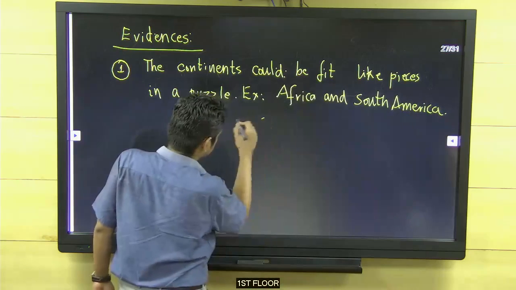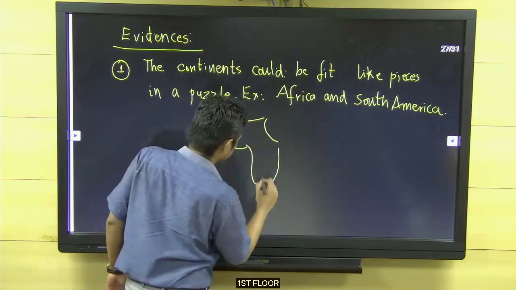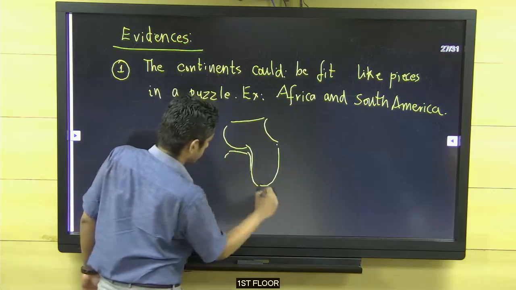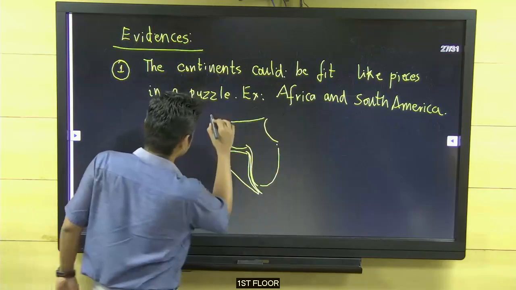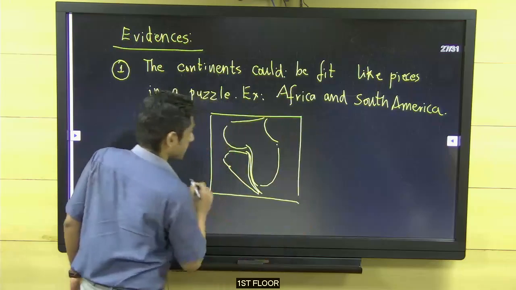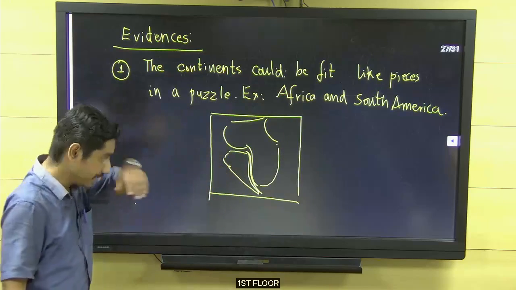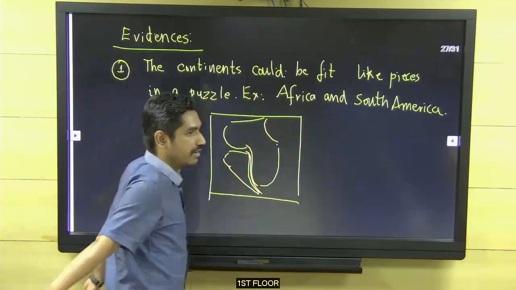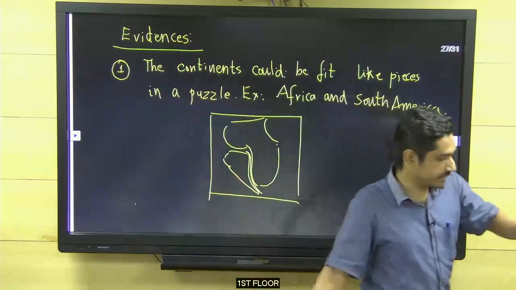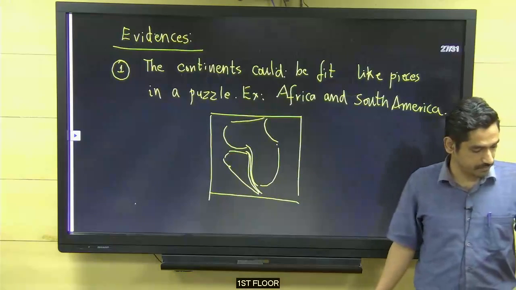When you were drawing this, you would have definitely understood that. If you draw Africa and then a portion of South America, one way or the other, both of them can be joined as a single continent. So this was one of the important evidences. He said, superficially, if you look at this, they seem to be made of the same material because the coastlines of Africa and South America seem similar. Is it clear?